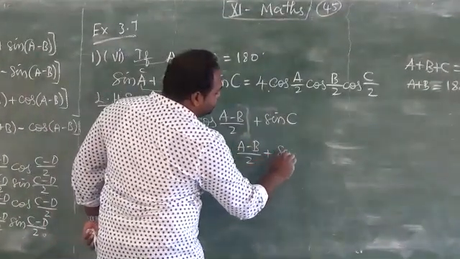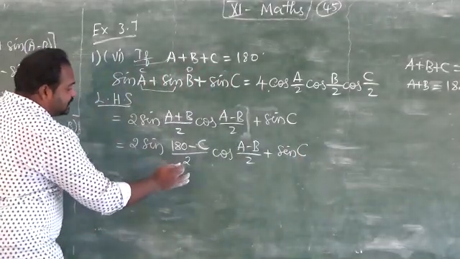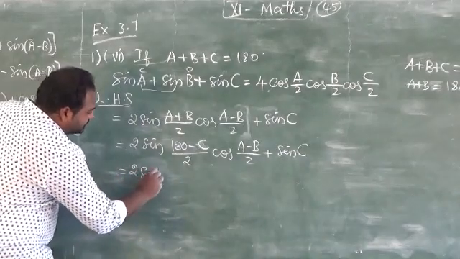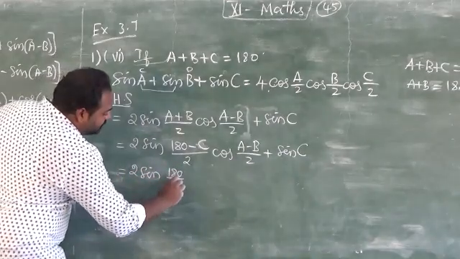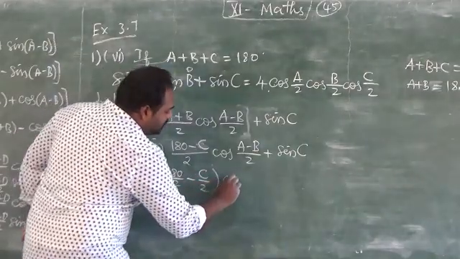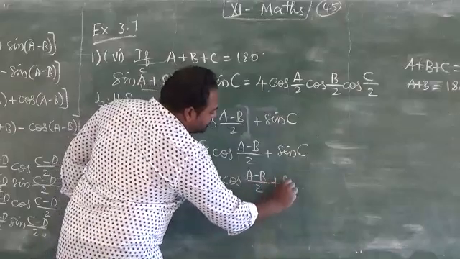Here sin as it is, sin C as it is. Here I am going to split this 2 in the numerator. So what will happen? 2 sin 180 by 2 minus C by 2 cos A minus B by 2 plus sin C.